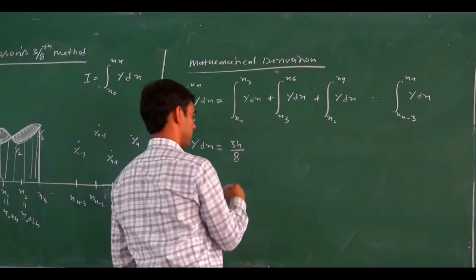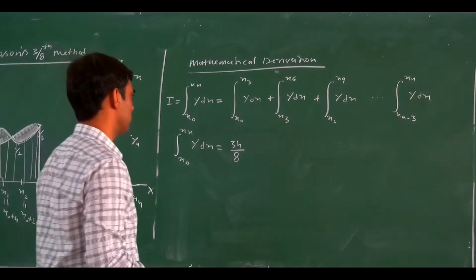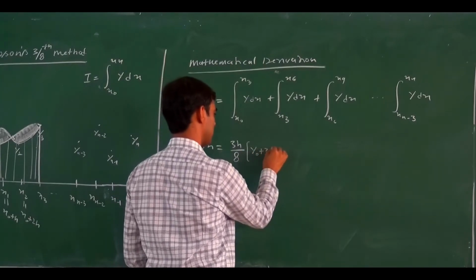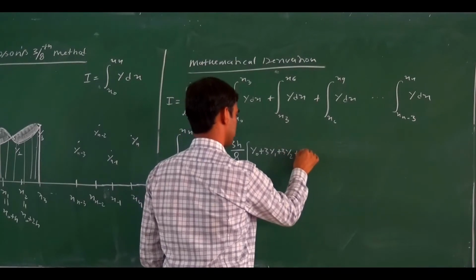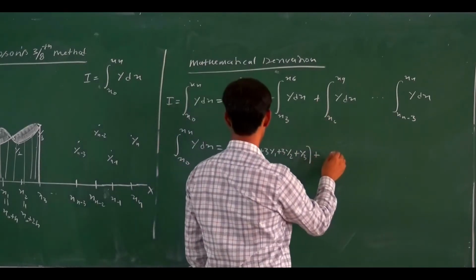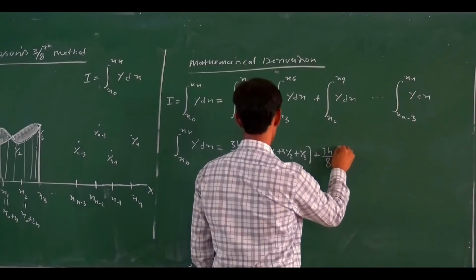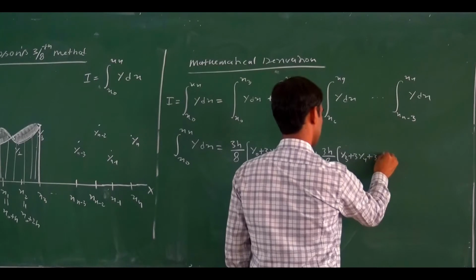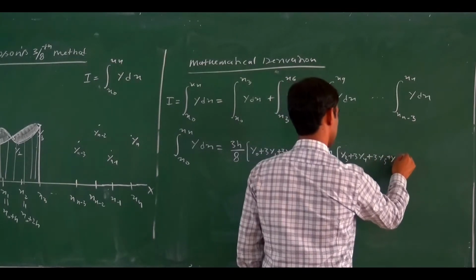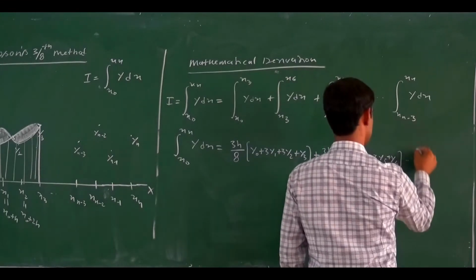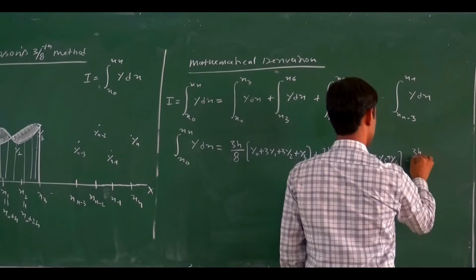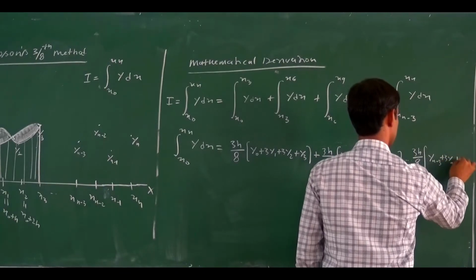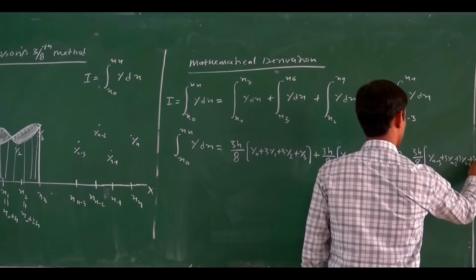As earlier we solved 3h by 8, this one becomes inside y0 plus 3y1 plus 3y2 plus y3, and the integration of the next one is 3h by 8 inside y3 plus 3y4 plus 3y5 plus y6, and the last one is the integration of the last term, 3h by 8 inside yn minus 3 plus 3yn minus 2 plus 3yn minus 1 plus yn.